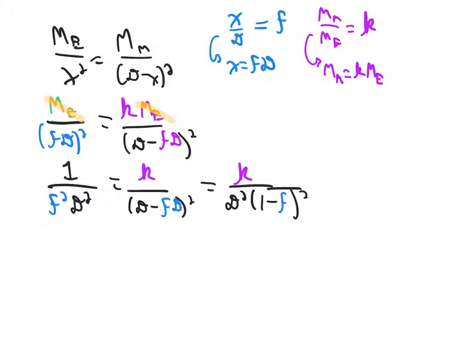And now I can see as well that the d's are going to cancel, and I'll be left with 1 over f squared equals k over 1 minus f quantity squared, which is the same equation, but going to be a little bit easier to manipulate.